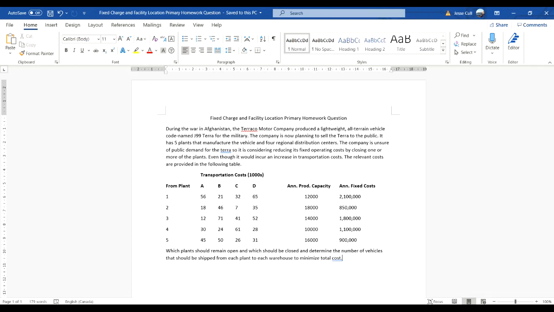So the key here is that as we move higher to increasingly complex and increasingly real-life problems, you start to require a more powerful tool to solve these problems. That more powerful tool is Excel.